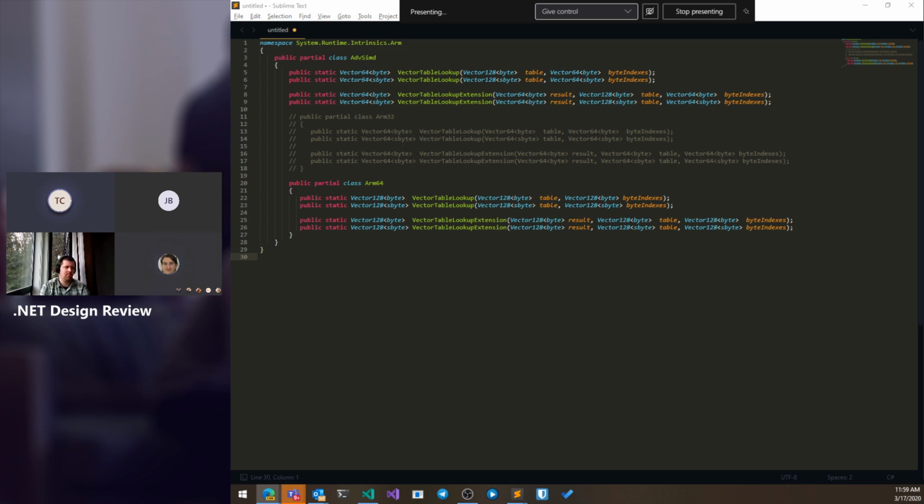Okay, so maybe we could just call it default or something. Default result. I prefer default values over default result. Like, generally having result in a parameter name is a bit strange to me. Default values works. Sounds good to me.